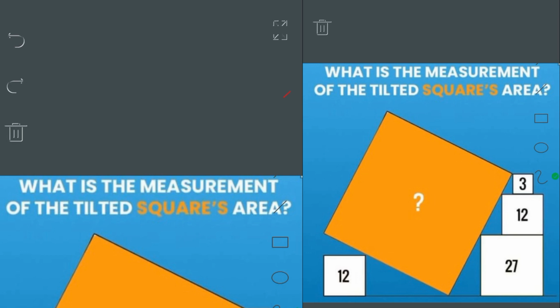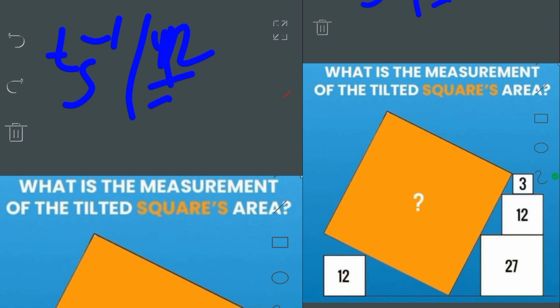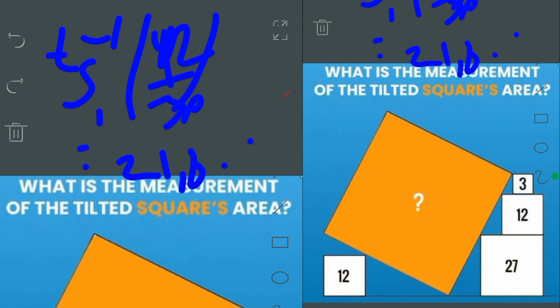So I'm going to break it down for you. So we have reverse tangent of 12 over 30, which will give you something like 21.8 something degrees.